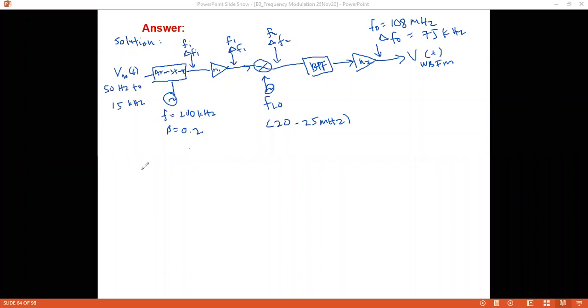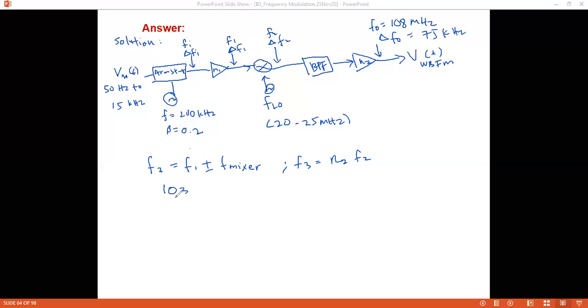F2 over here should be equal to F1 plus minus our F mixer. And we know that our F3 is equal to N2 times F2. So basically we have all the values and equations we need to solve.